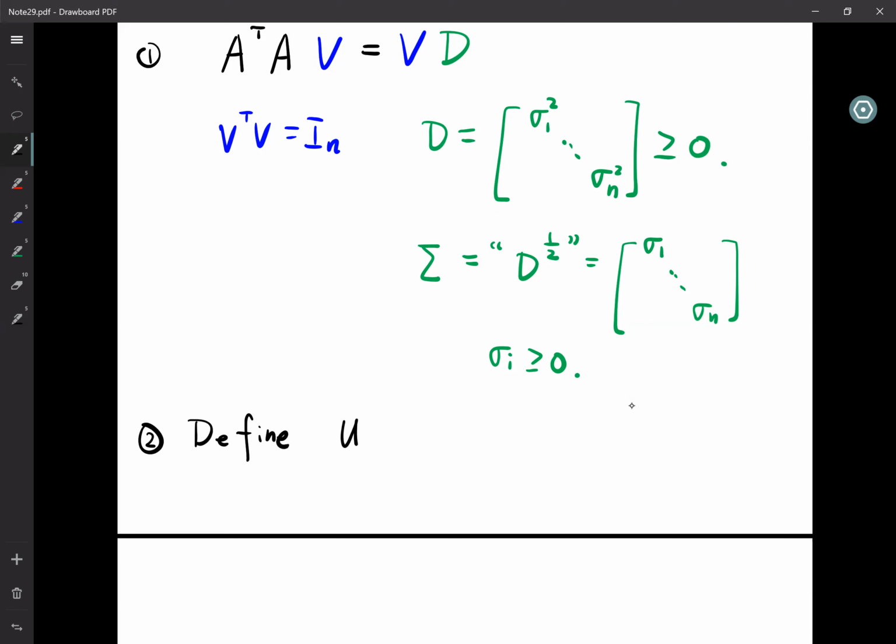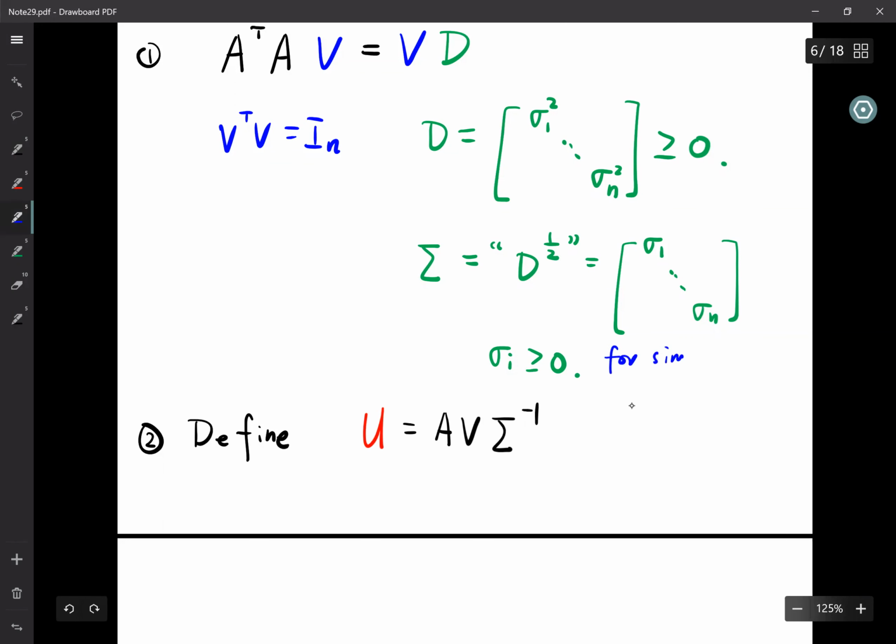I define U to be the following matrix, A times V times sigma inverse. Here, for simplicity, I first assume all sigma i's are bigger than 0, so that the sigma inverse can be defined.